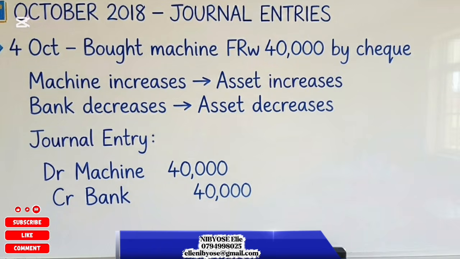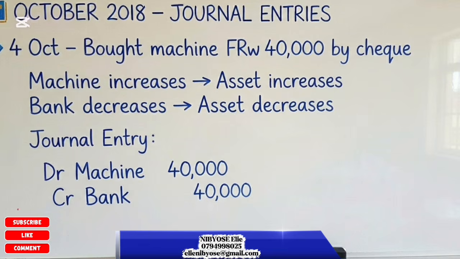On 4th October, the company bought a machine of 40,000 Rwandan francs by check. This means that the machine as an asset increased and the bank account decreased because we paid by bank. It means our assets in the bank decreased through payments made.